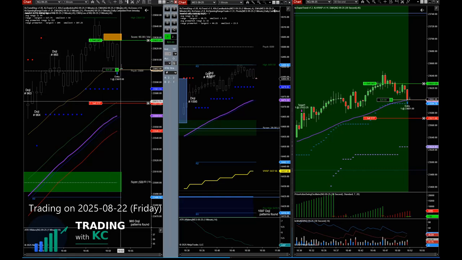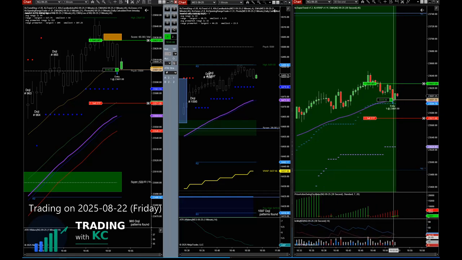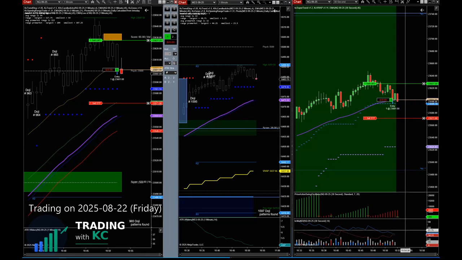Okay. Now what would be really nice is over here, this green delta to overtake the red delta, which I think it will, right? Well, that's not good.